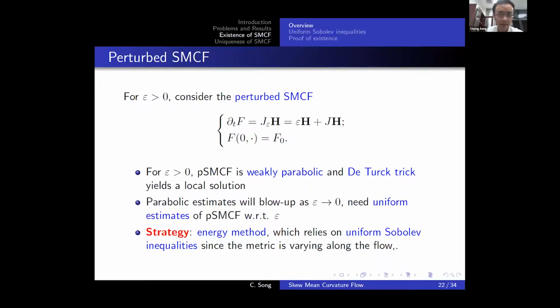Then one automatically has a local solution for this perturbed skew mean curvature flow. Then we let the perturbation go to 0 and try to derive some uniform estimates, which are independent of this epsilon. We will use an energy method. So the strategy is really regular, but it's easier said than done because you don't know what kind of uniform estimates you can get. So next, please.